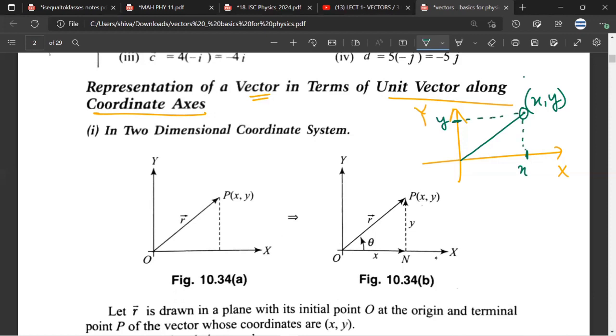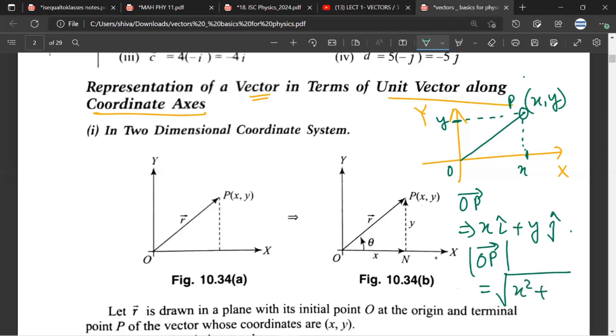Yes. Do you agree that if I had to write what this OP vector is, this can be written as xi plus yj? Do you agree to this? Yes. Do you agree that length of OP vector would be given by root of x square plus y square? Do you agree to these two things?